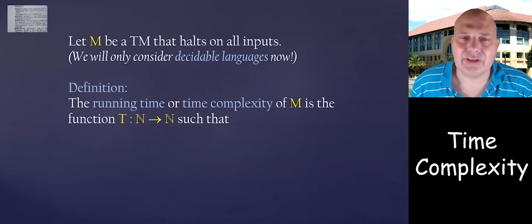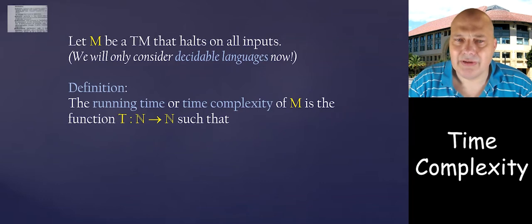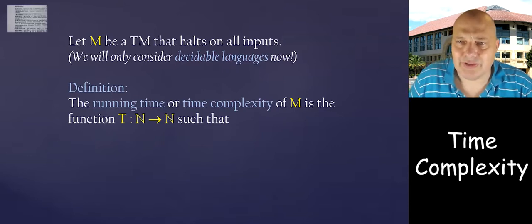And the definition that we're going to have is that the running time, or the time complexity of a machine M, is a function from the natural numbers to the natural numbers, from the input length to the time the machine takes on inputs of this length.